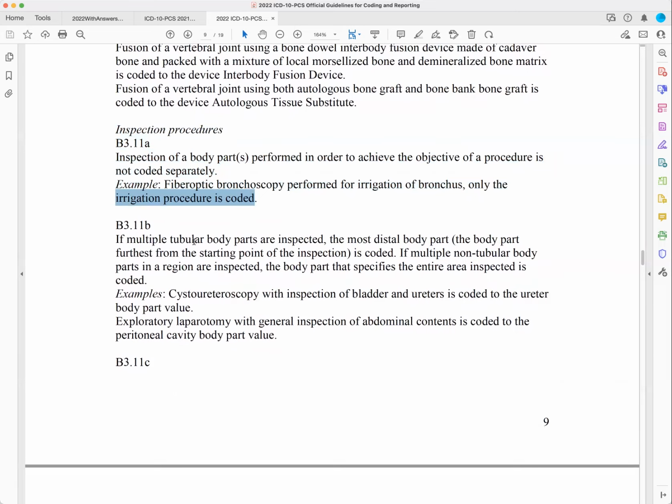So like earlier when we talked about the deepest layers, now we're talking about the furthest. The furthest they got is what you're going to code it to. If multiple non-tubular body parts in a region are inspected, then you're going to use the body part that specifies that entire region.